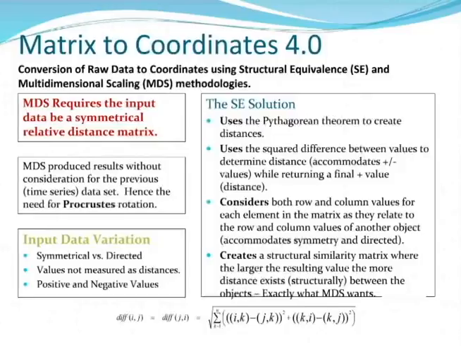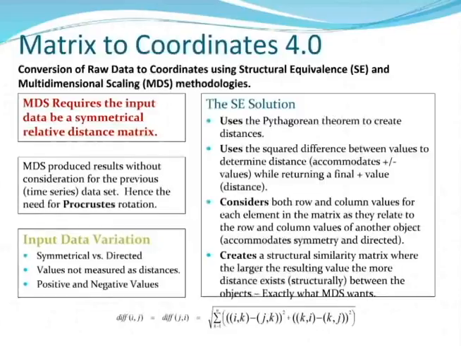Now, one of the fallbacks of multidimensional scaling is that MDS doesn't normally look at previous iterations of generation. So if you have a time series data set, for example, you looked at Facebook relationships every day for 30 days, so you have 30 data sets.